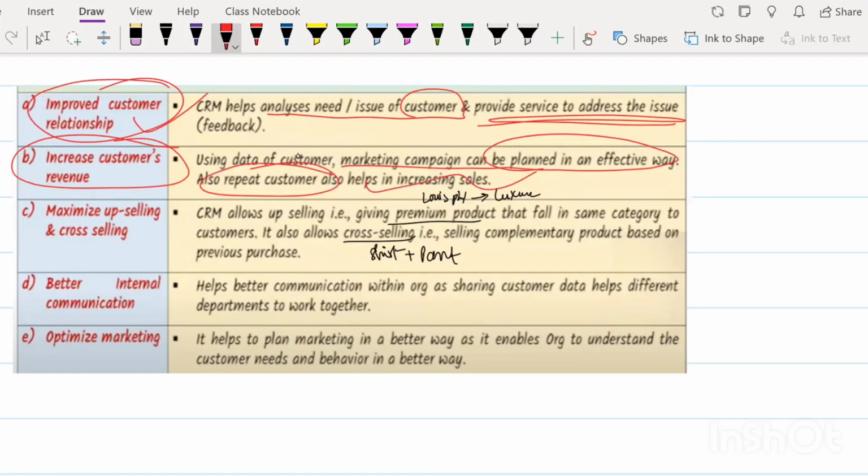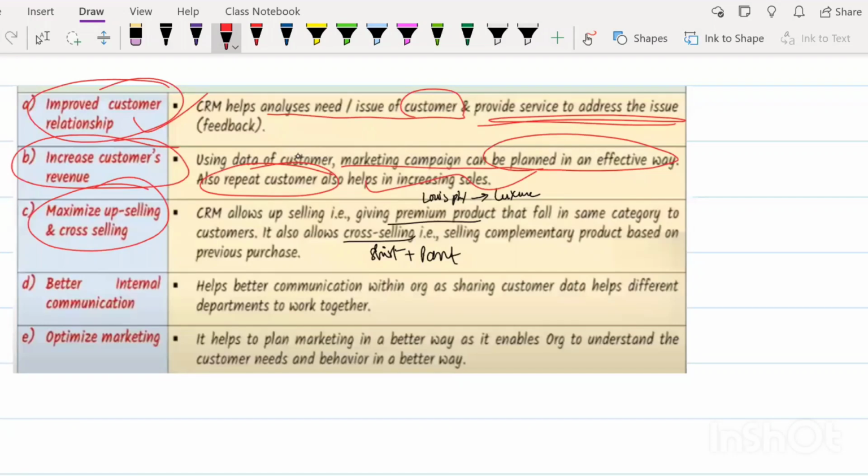Okay. Then maximize upselling and cross-selling. Since you have a CRM module, you will have all the data about the customer. So next time when the customer comes to your store, or if a new customer is coming to your store, take the example of a big store like Brand Factory, a store where they sell a lot of brands.